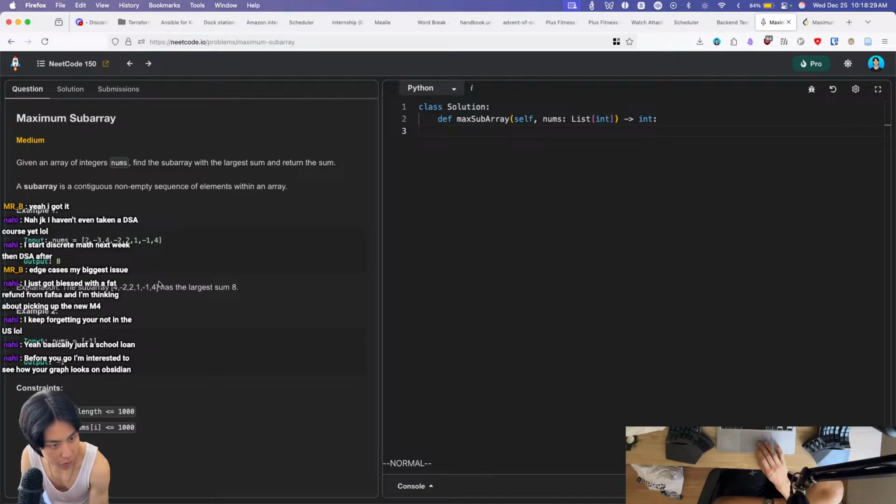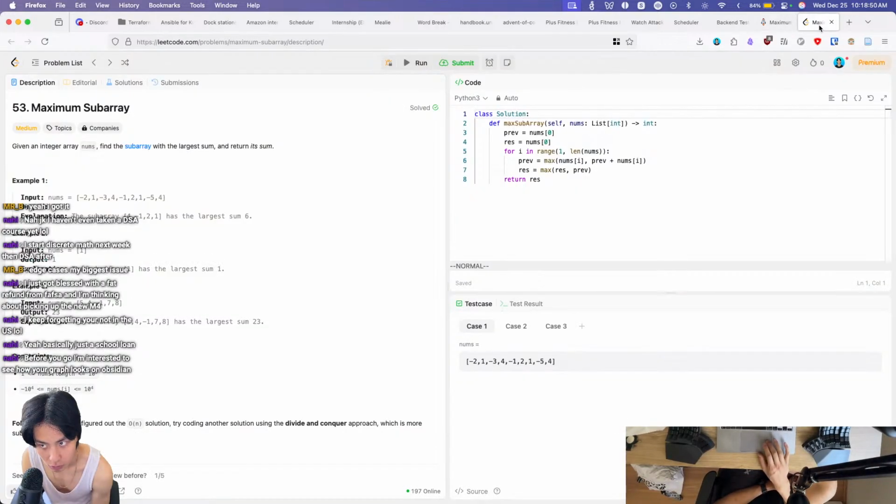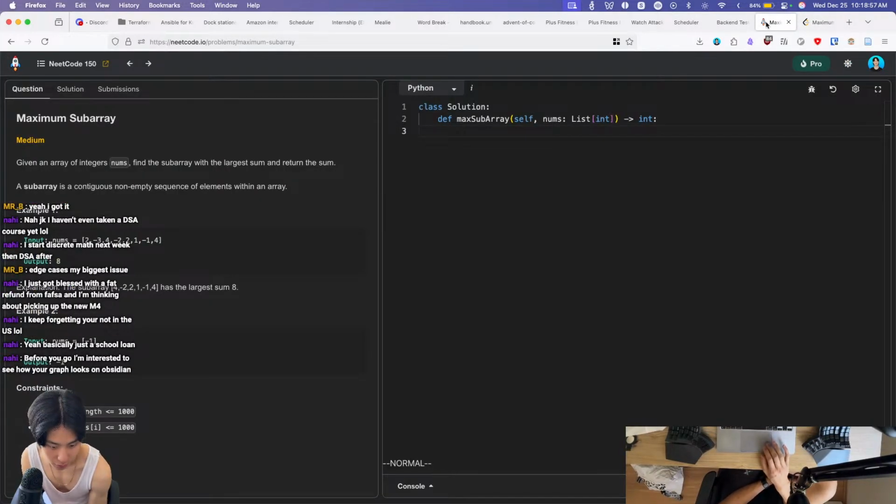Maximum subarray. Subarray 4 has the largest sum of 8 because 4 minus 2 plus 2 plus 1 plus 1 plus 4 is equal to 8. I believe that. And this is meant to be a dynamic programming problem. Right, okay, so it's meant to be a dynamic programming problem.